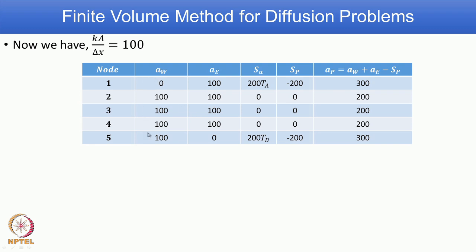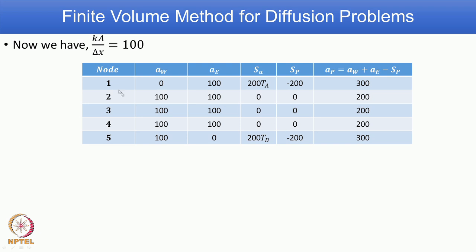Let us try to understand this table. The first column is for node 2, 3, 4 are internal nodes. The full discretized equation is available, hence 2, 3, 4 can be evaluated and you get these coefficient values as shown here. And we also learned in the problem statement there is no source term, hence the external source terms are all 0 here.